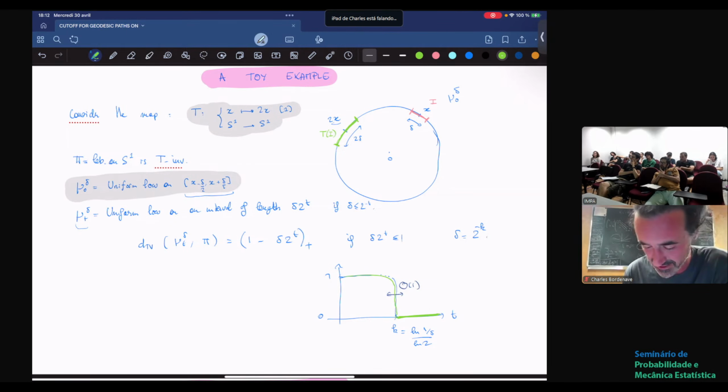But if delta is not of this form, it's easy to recover the cutoff exactly at this time, log of 1 over delta over log 2.